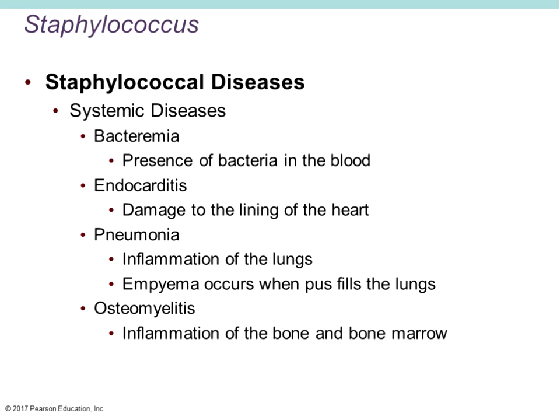Nosocomial infections, healthcare associated infections, account for about half of these cases of streptococcal bacteremia. This is where physicians may sometimes fail to identify the initial site of the infection, and it's presumed to be an innocuous break in the skin.